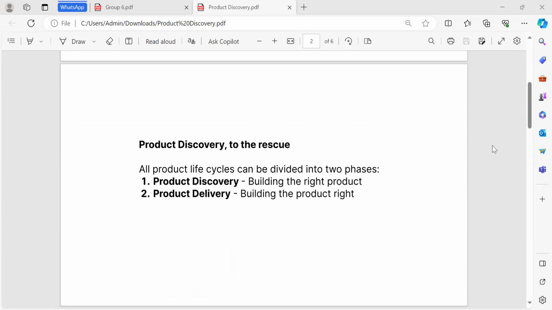In product discovery, you need to identify what to build. And once you have identified what to build, then comes product delivery, where you build it in a correct fashion. So this is the order of the product life cycle, where product discovery comes at the first step and product delivery comes at the last step.